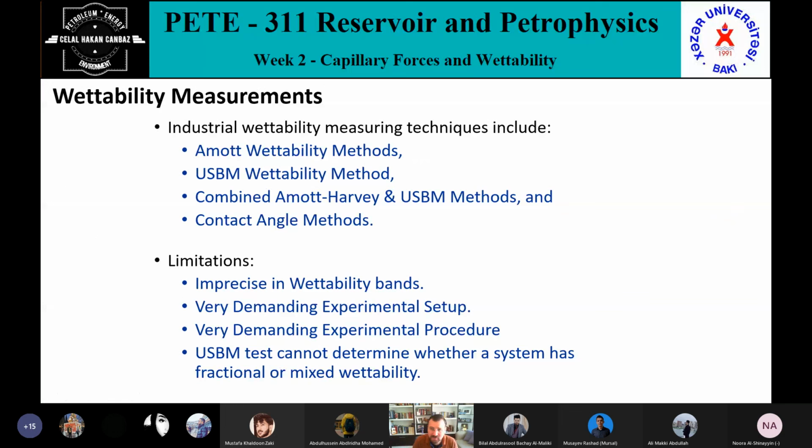So there are some wettability measurement methods in the literature. These are the most common ones: the Amott wettability method, the USBM wettability method, the combined Amott-Harvey USBM method, and contact angle methods. All of them have advantages and disadvantages. In 2014, we also developed another method with my supervisor in Abu Dhabi, called Rising Core, RIC.